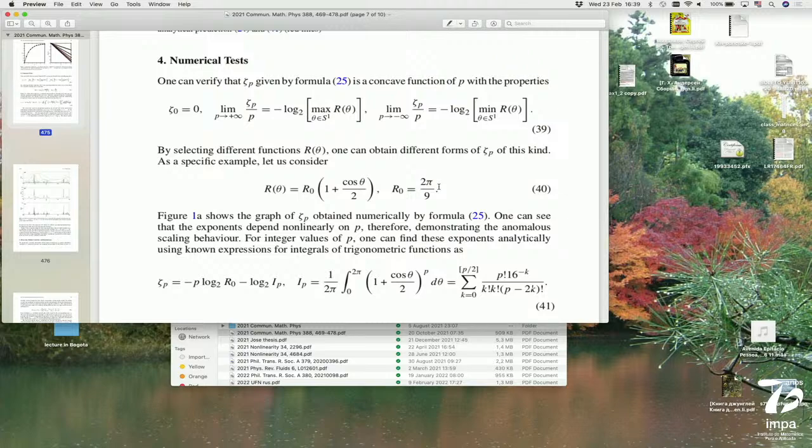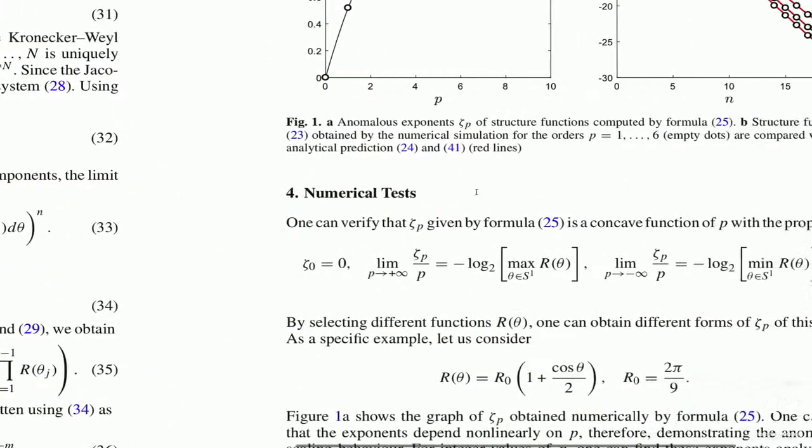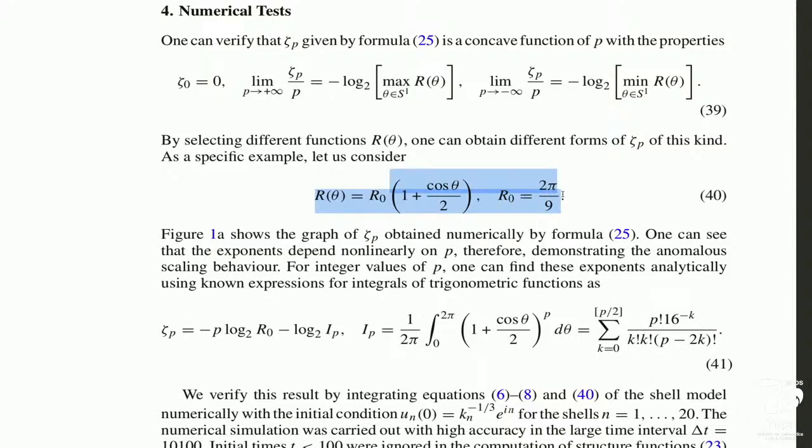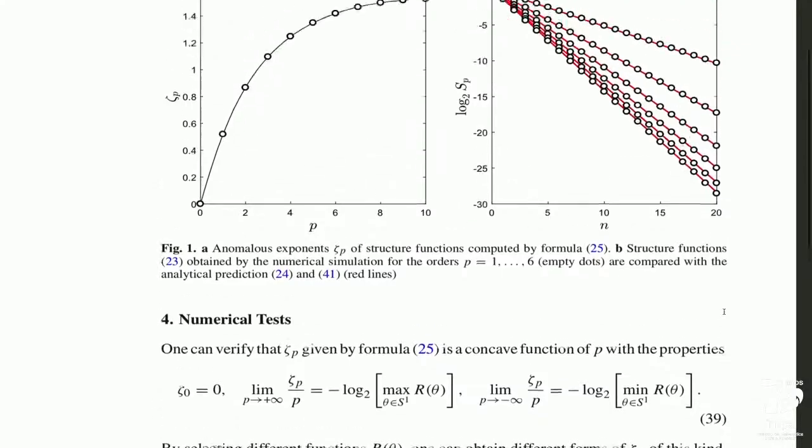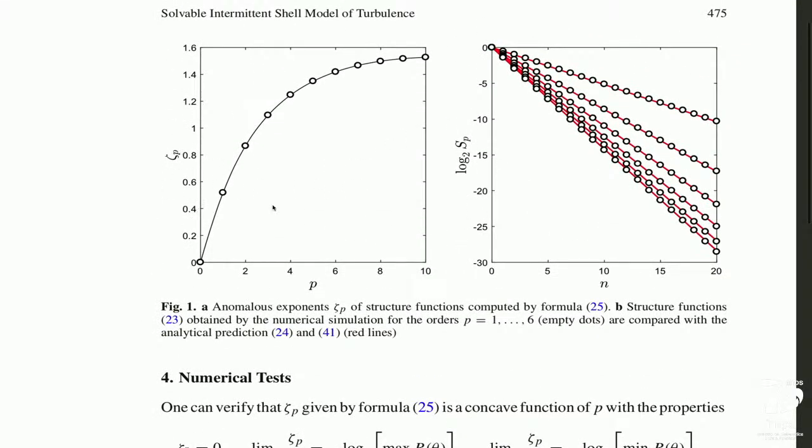So essentially what we can do is take a specific function R. For this function, you take this formula that we had and compute explicitly the zeta p, just by taking an integration, and you will see that the dependence of the exponents with respect to p will be nonlinear.